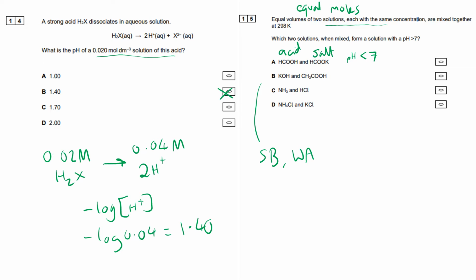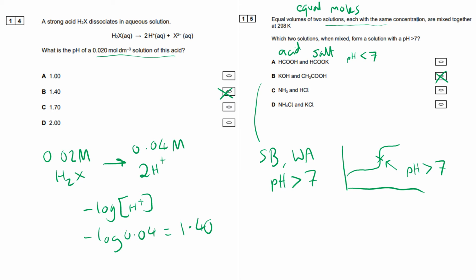So in this case, you're going to have a pH of greater than 7. Remember, on the pH curves of a strong base and a weak acid, at the equivalence point, when you've got an equal number of moles, the pH is around 9, so the pH is greater than 7. The statement or mixture B is correct.